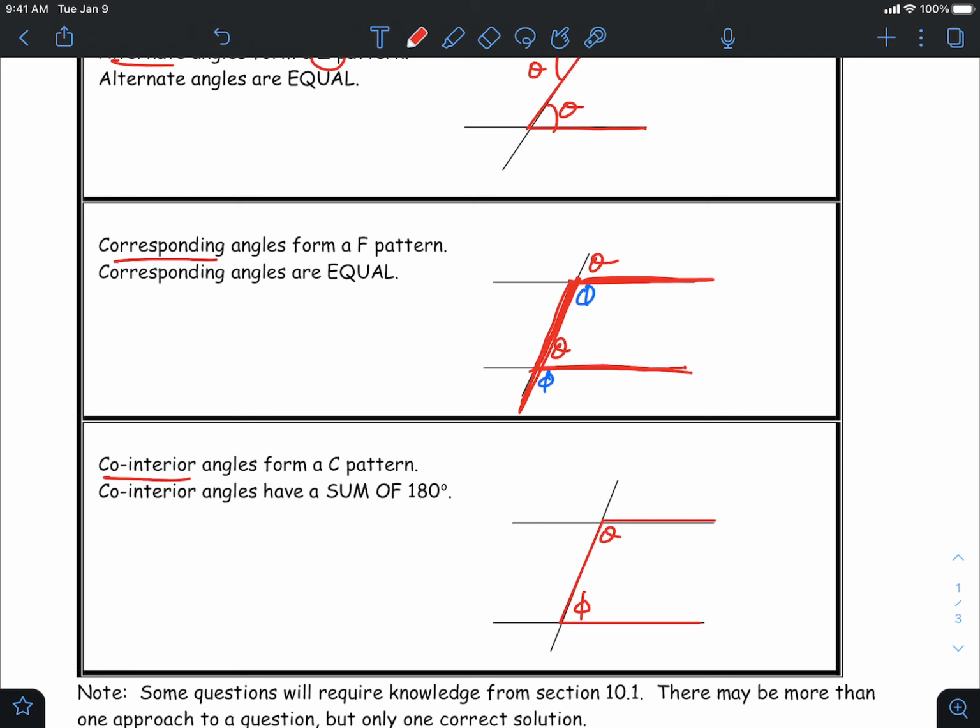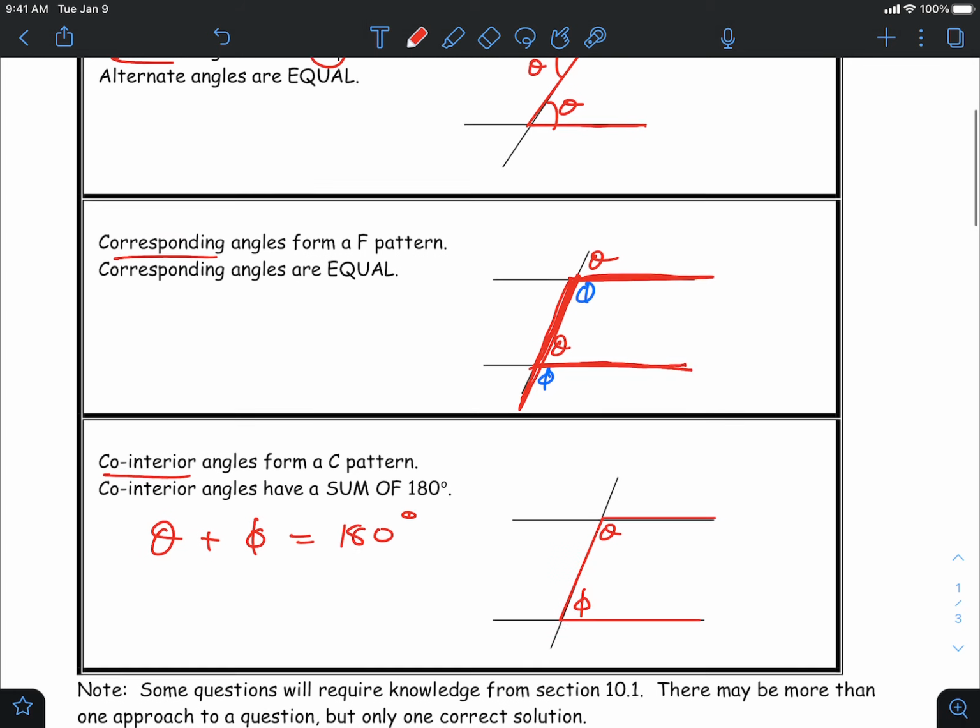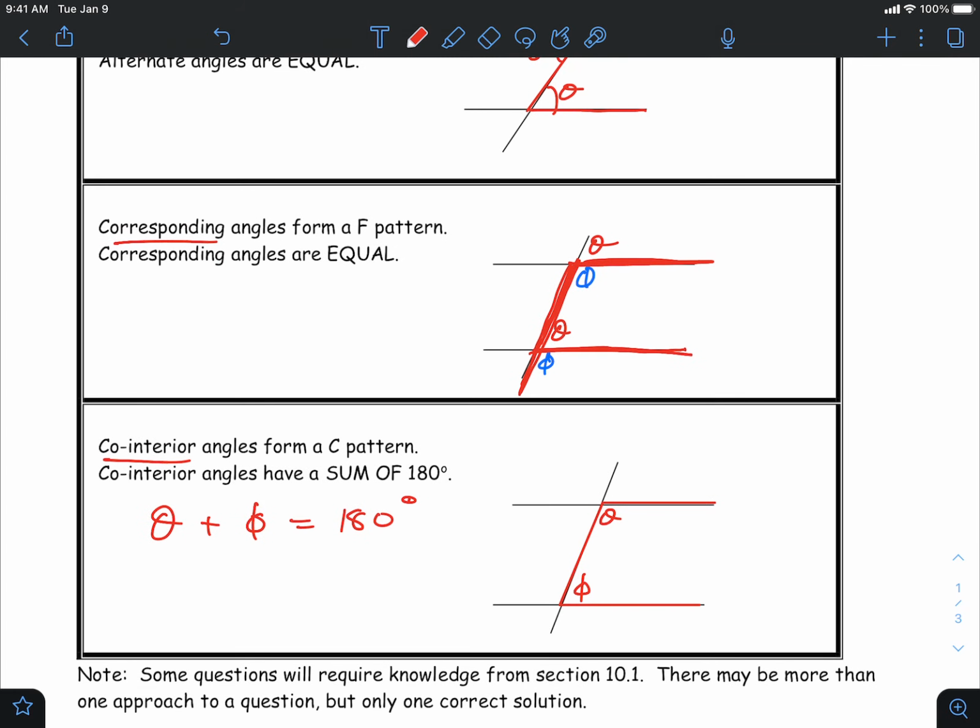But co-interior angles, what it says is that theta plus phi is going to equal 180 degrees. When you add those two angles together, you should get 180. I remember those way back in elementary school.